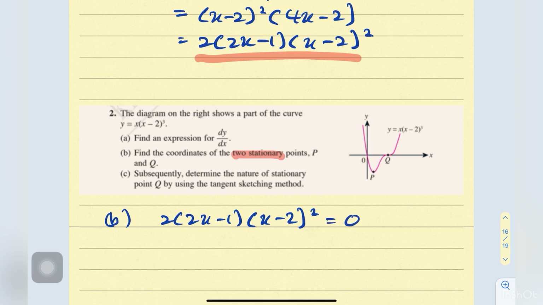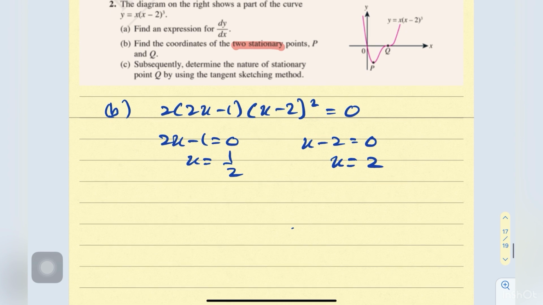So 2x minus 1 is 0, x is 1 over 2. x minus 2 is 0, x equals 2. Here we have two values of x, so then you can find two values of y.